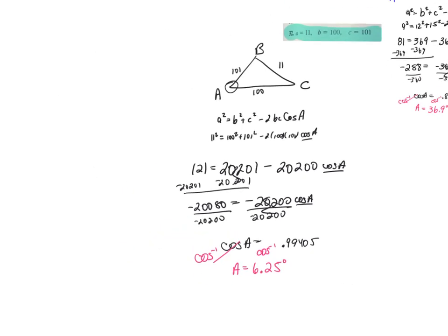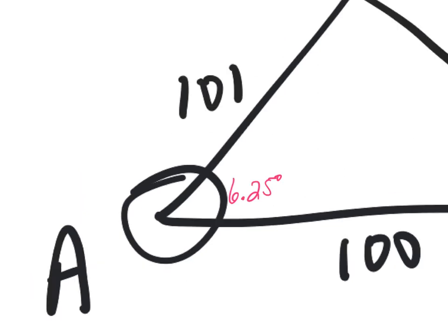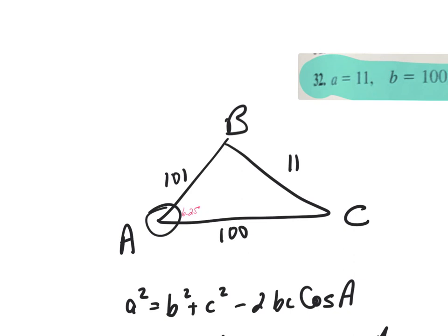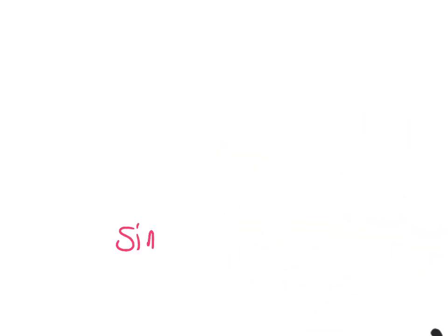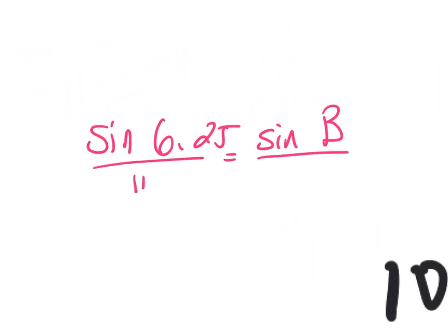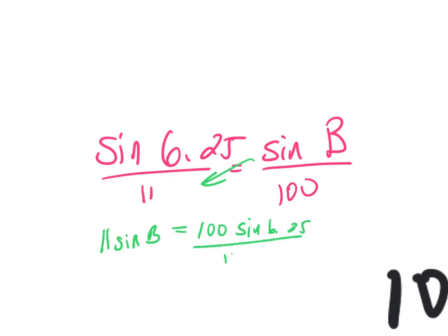So if angle A is about 6.25 degrees, I can now set up my law of sines, and I can say that the sine of 6.25 over 11 equals the sine of B over, well, what's side B? 100. Cross multiply.